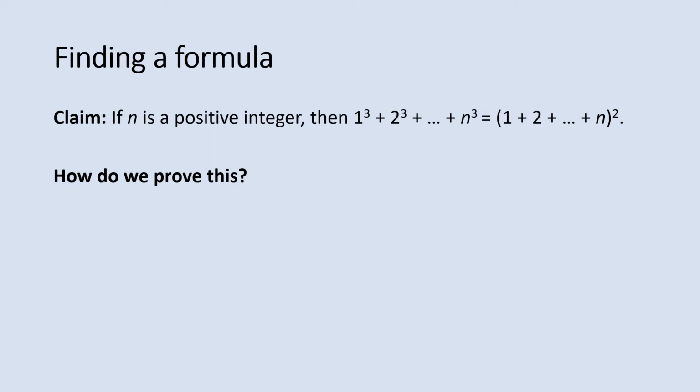We already proved the base case, 1 cubed is equal to 1 squared. And we actually showed a couple of other cases as well, so we've gone a little bit further. But now we would assume that this works for some k that's greater than or equal to 1, and then show that it works for the next value as well, so that this formula works.